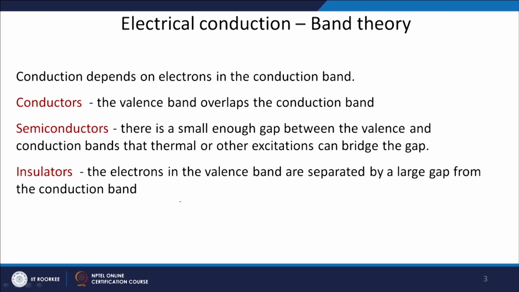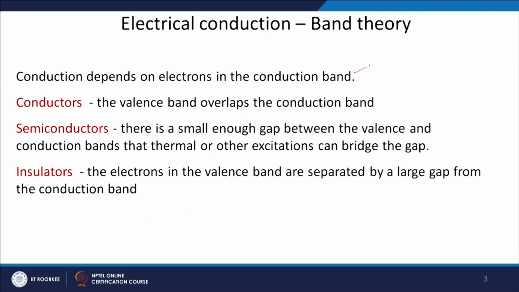Electrical conduction can be explained using band theory, that is, where the electrons are residing. Conduction depends on electrons in the conduction band. If the electrons are in the conduction band, then you will have conductivity, otherwise you will not. So the conductors are the ones which have the valence band overlapping the conduction band.